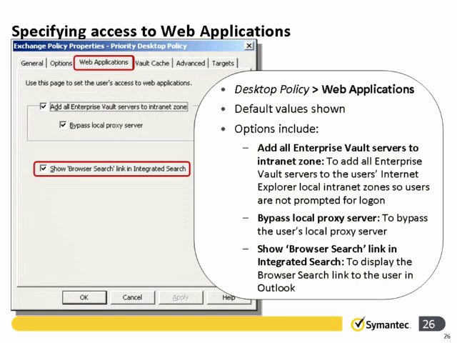And then we also have that last option to show whether or not we wish to have the browser search as a link whenever they open up the integrated search. Again, this is all configured through the desktop policy that's associated with this particular user's provisioning group.